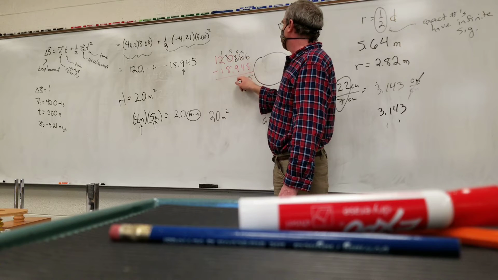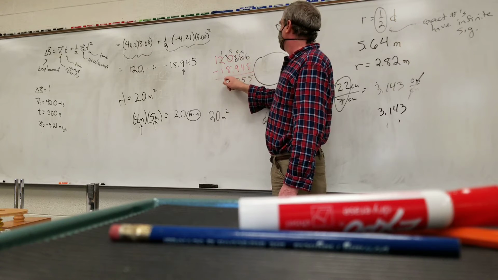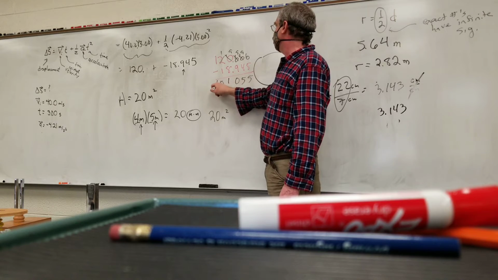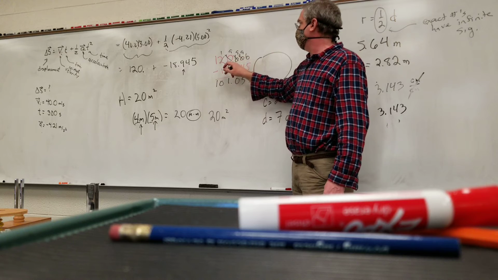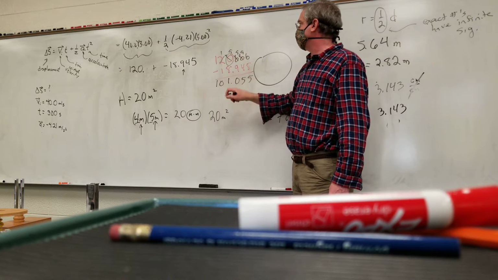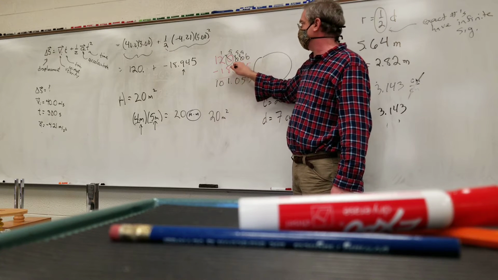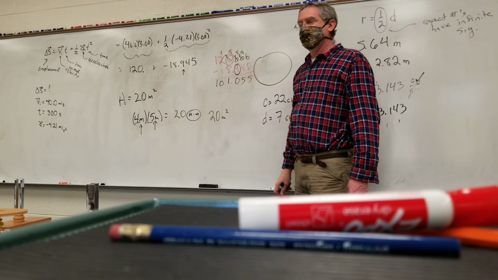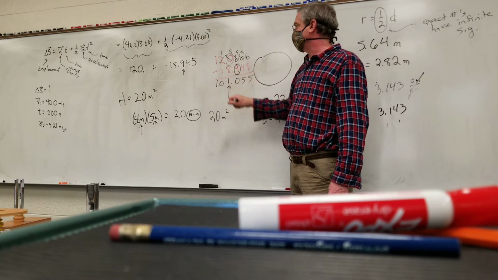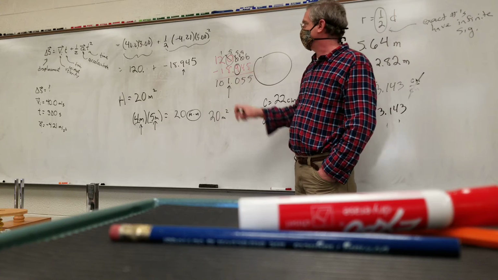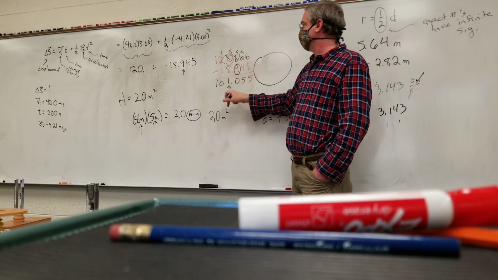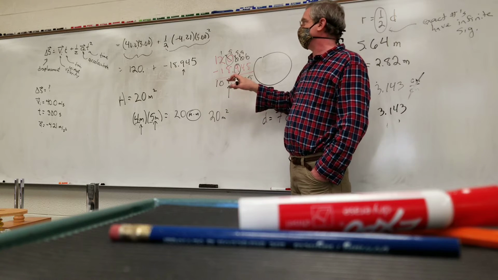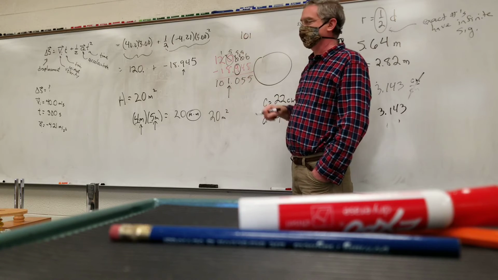So 5, 5, 0, 1, 0, 1. This 120 was significant to that 0 right there. This 18.945 was significant to there. So our final answer is significant to here, because that is the least precise of our significant digits. So if we cared about significant digits, the answer is 101.